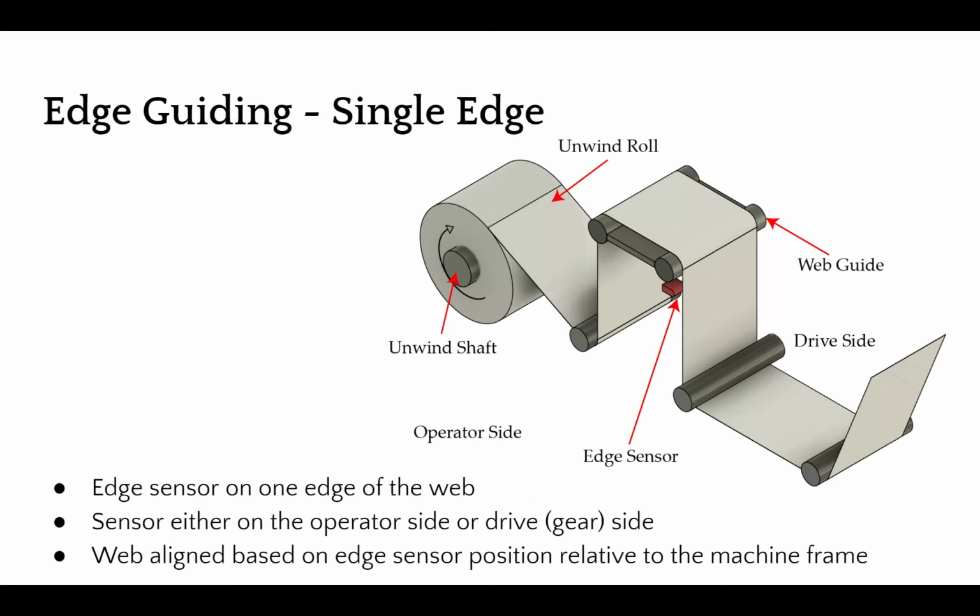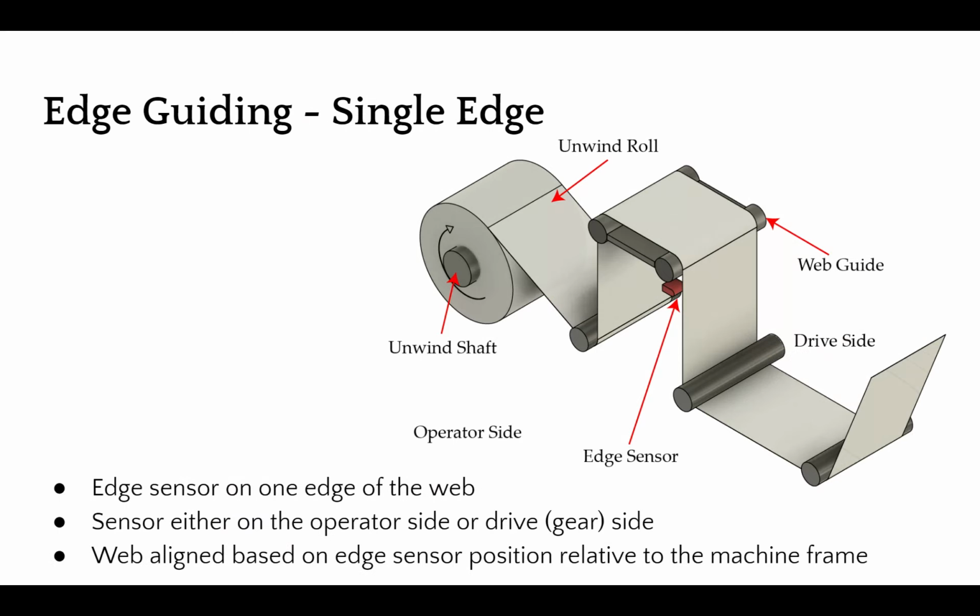Okay, so in terms of edge guiding, most of you are familiar with this. We have a web guide, and an edge sensor is there to provide the feedback for the web guide mechanism. Last month, we talked about the guiding principles and fundamentals of it. But essentially, in most machines, in edge guiding kind of an application, you position the sensor either on the operator side or on the drive side, or the gear side.